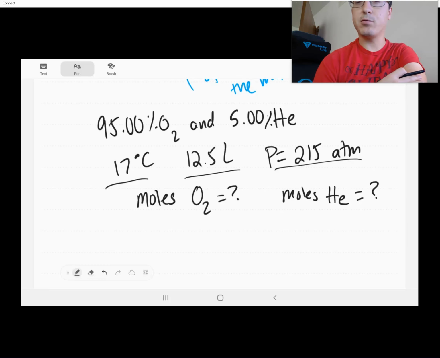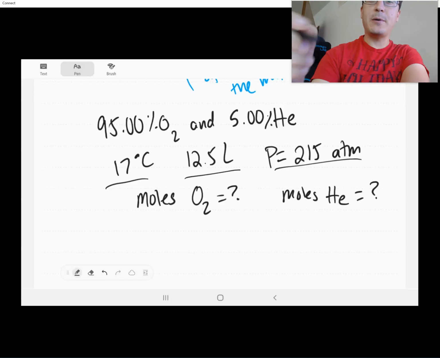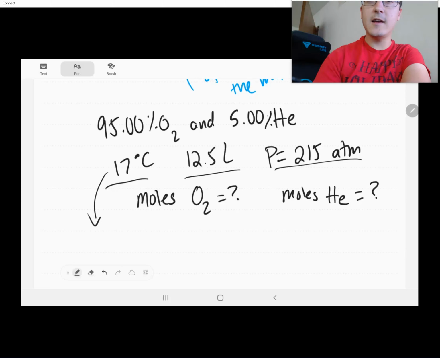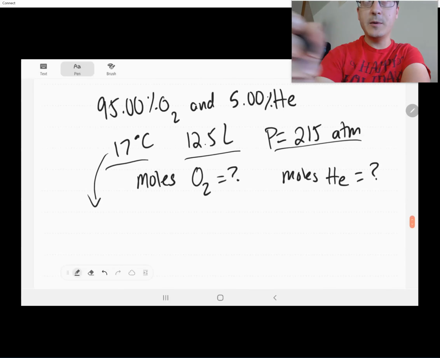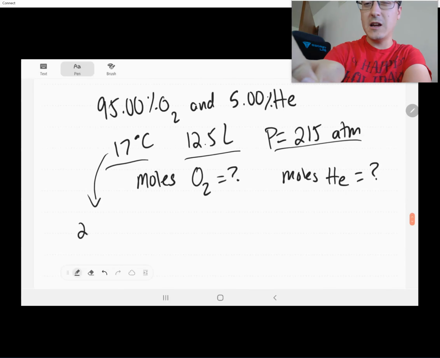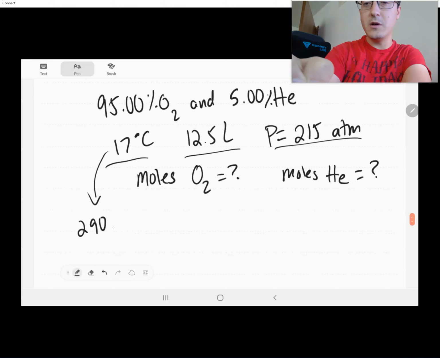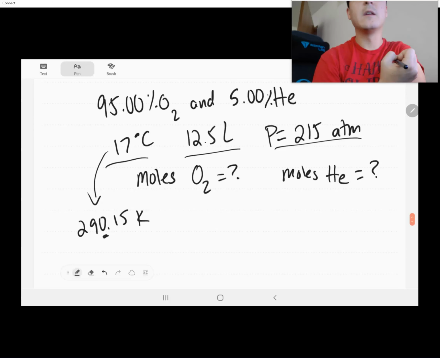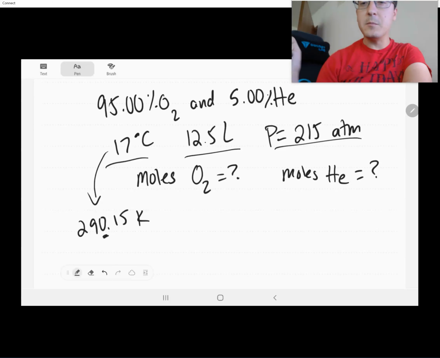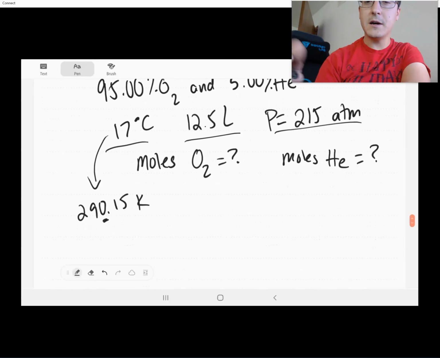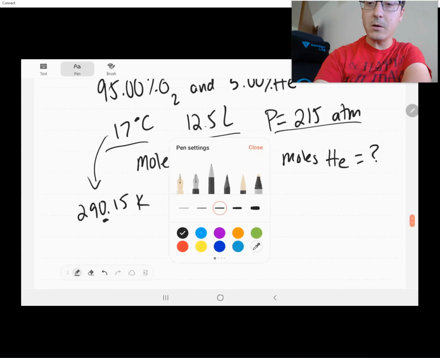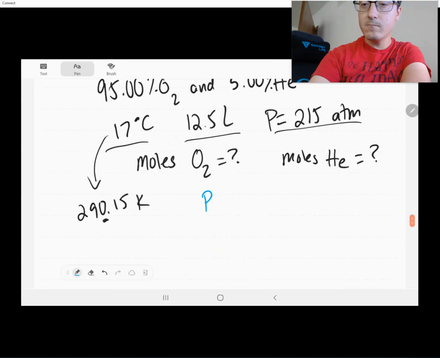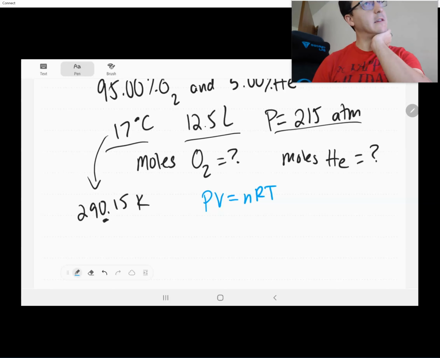Is there any problem with any of these numbers? Yep, always that's C to K, so that's going to be equal to 290.15 Kelvin, if I'm not mistaken. Someone go ahead and check that. But we remember, magic equation is here.